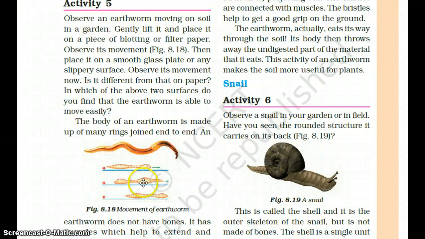Then when it has stretched completely, it fixes its anterior part to the ground using the bristles and releases the bristles from this area, and contracts. What will happen? The body will move forward, and in this way it moves in forward direction.